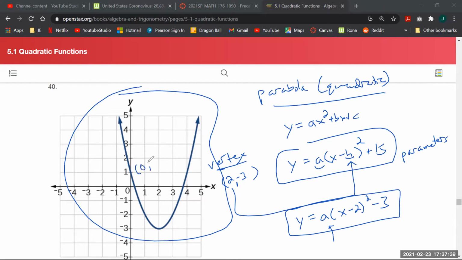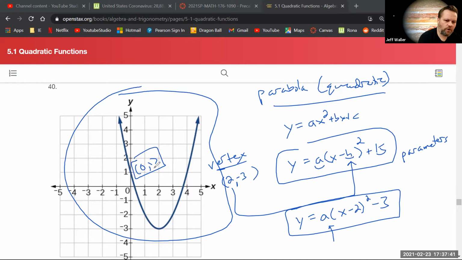(0, 1). Don't I know what x and y are in a specific instance? So if I plug those in to this, can't I figure out what a is? Are you guys understanding? Whatever a is, will it change if I plug a different point in?